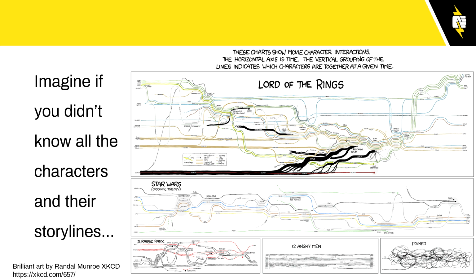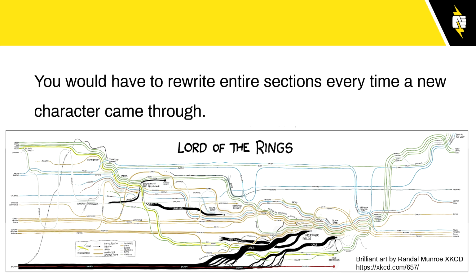Imagine if you didn't know all the characters and their storylines as you were writing the story. How many times would you have to go back and rewrite entire sections every time something happened in here, right? If you add in this character, oh, he was there. Oh, I forgot he was there. You'd have to go back and rewrite, right? And you'd be looping through over and over again, redoing the same work over and over again. And that's what we want to try to avoid.